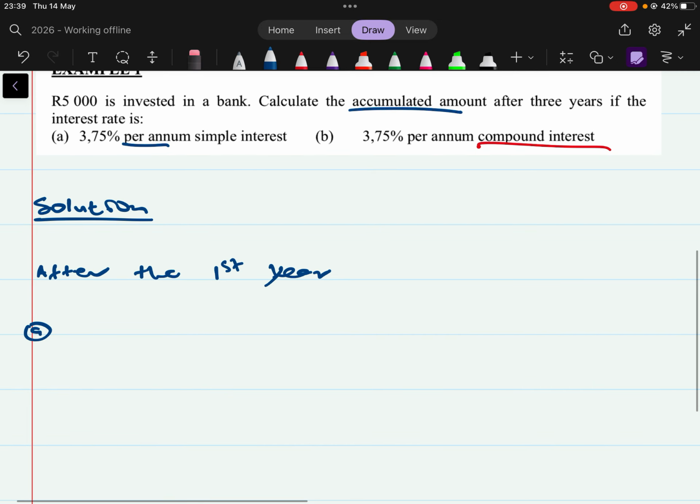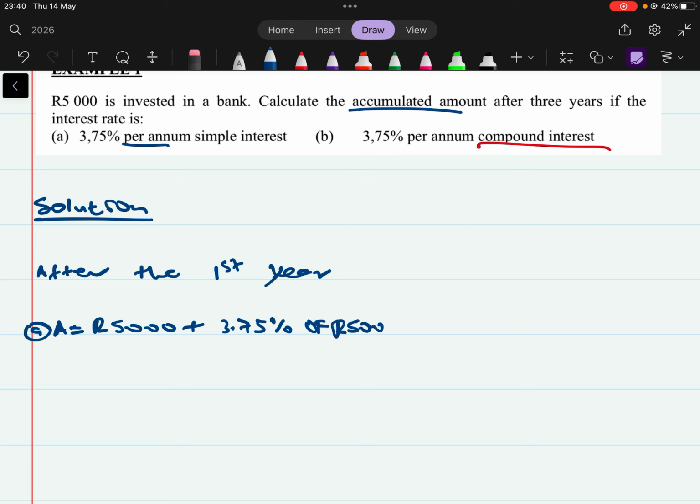So the accumulated amount, I'm going to just call it A, is going to be 5,000 rands plus 3.75% of 5,000 rands. Okay, and that is going to be what? Let me just write it again. 5,000 rands plus 3.75 divided by 100, that's percentage of, you put multiplication there, R5000.